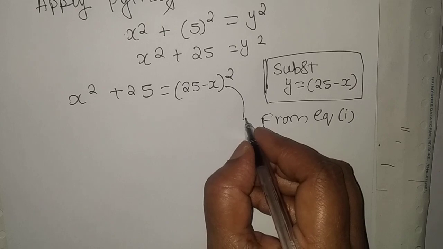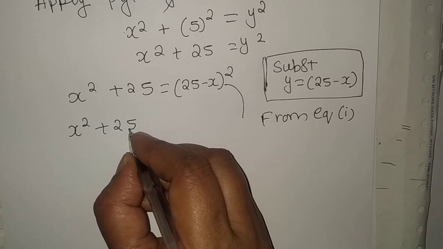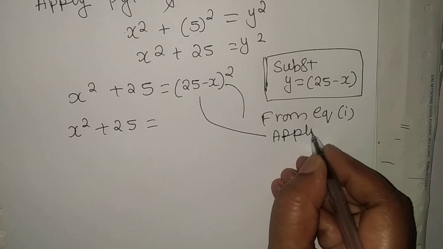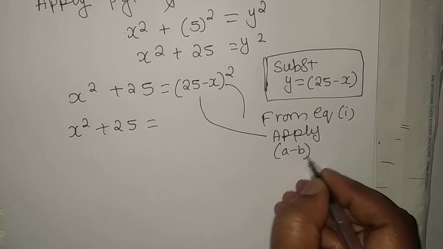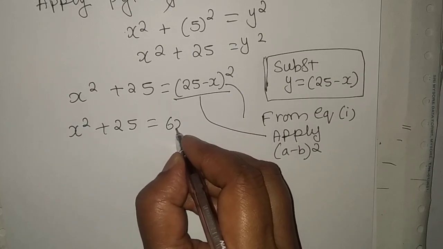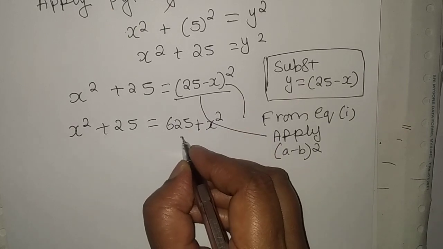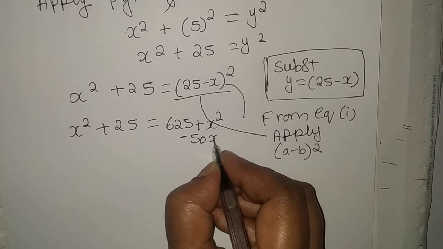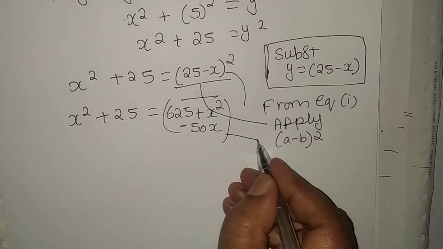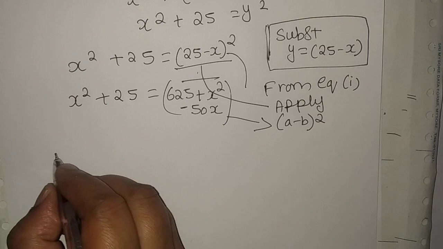So now x square plus 25 is equal to, apply here a minus b the whole square for this part. Now we get 25 square plus x square minus 2ab, that is 50x. This is a square plus b square minus 2ab. After this we'll simplify.